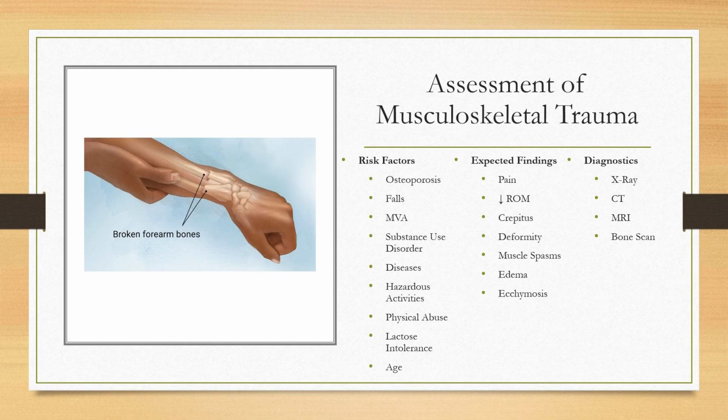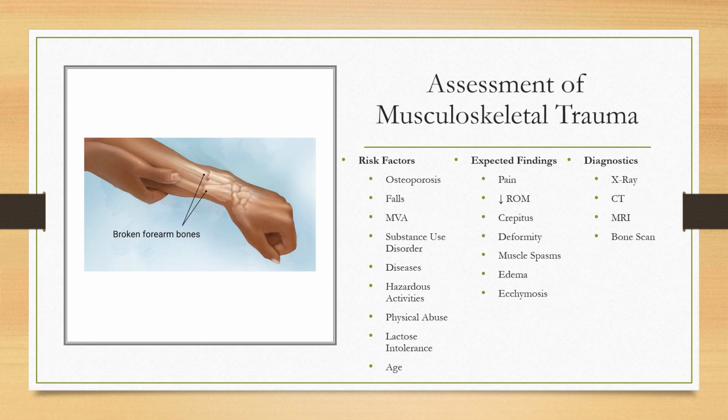Okay. Expected findings of musculoskeletal trauma, in particular a fracture, well, definitely pain, decreased range of motion or decreased use of the limb, if it's a limb, crepitus at the site, meaning you can feel that crunching movement if the limb is moved or the fracture is moved.